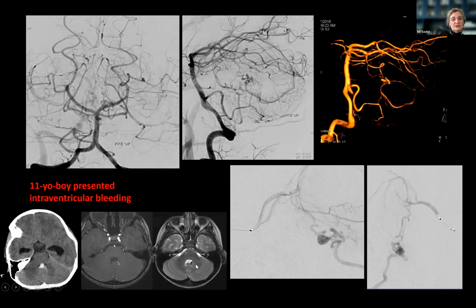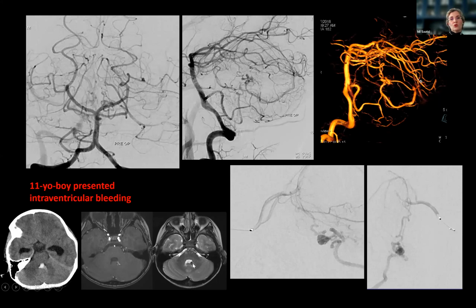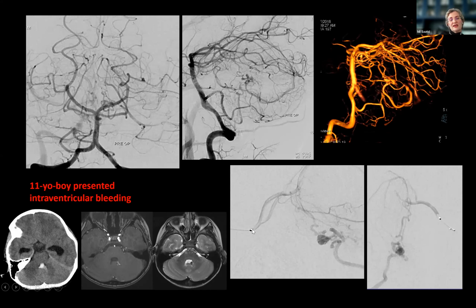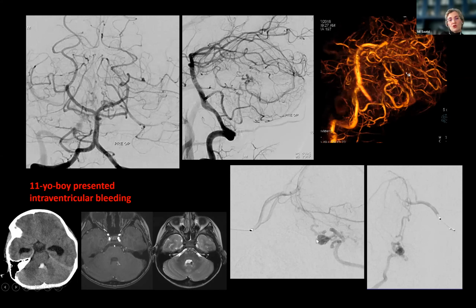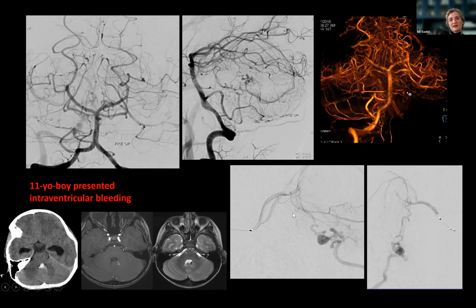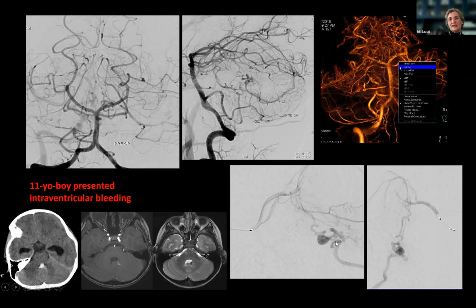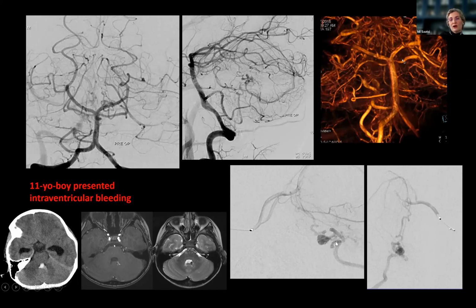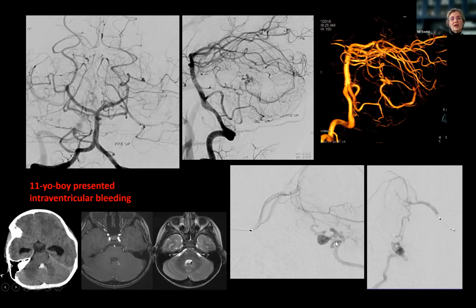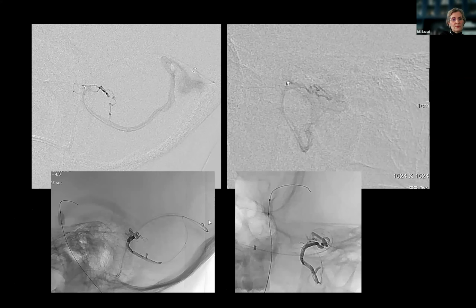In this ruptured kid with intraventricular bleeding, a very small AVM, the superselective angiography showed that on the arterial side, because of the normal branches, we cannot embolize. So we decided to come from the venous side so as not to harm the patient.